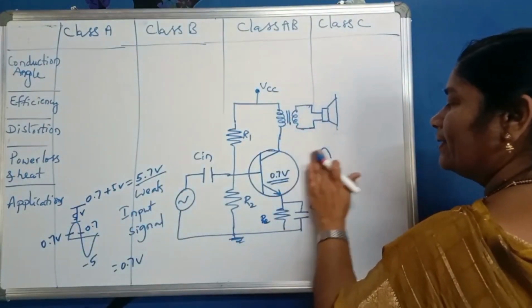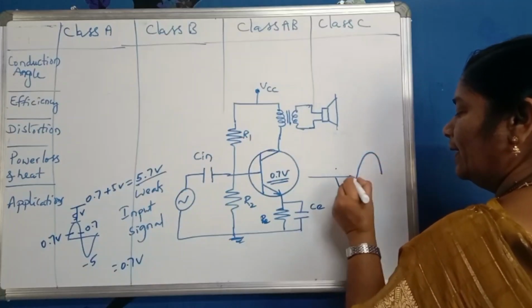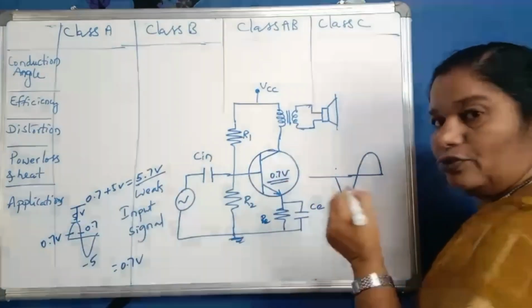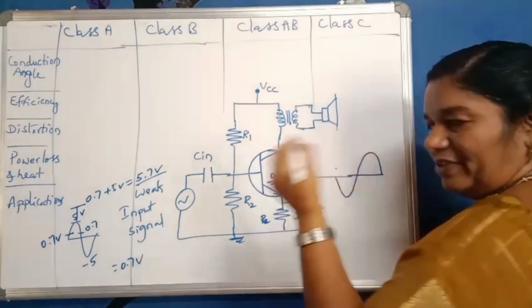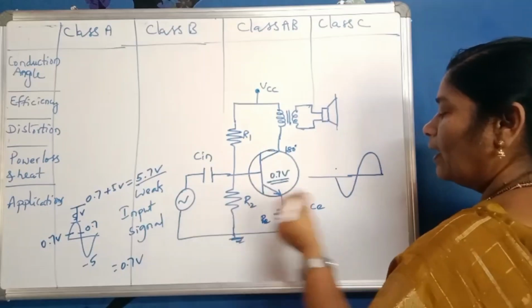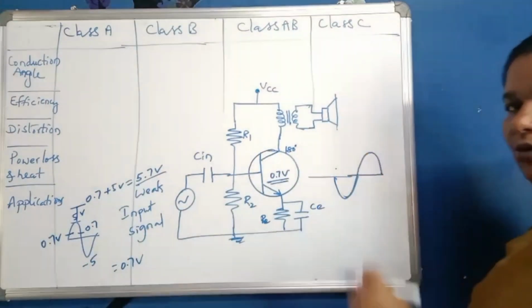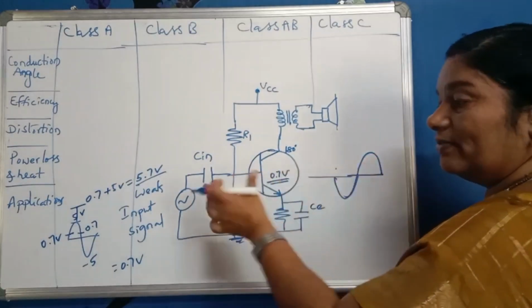Therefore, you will get the output completely, both positive and negative half cycles. The positive half cycle will be turned into a negative half cycle, because the transistor introduces 180 degrees of phase shift due to its working. So you will get a negative half cycle, and then a positive half cycle. So there will not be any loss of the signal.